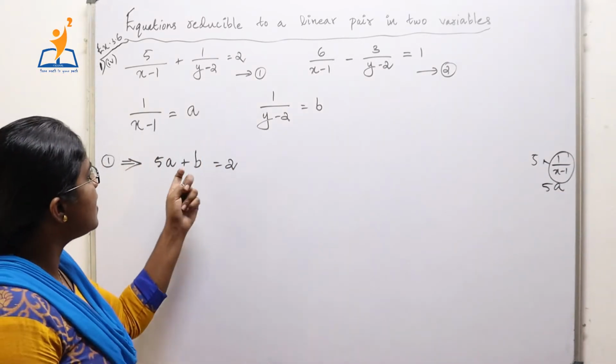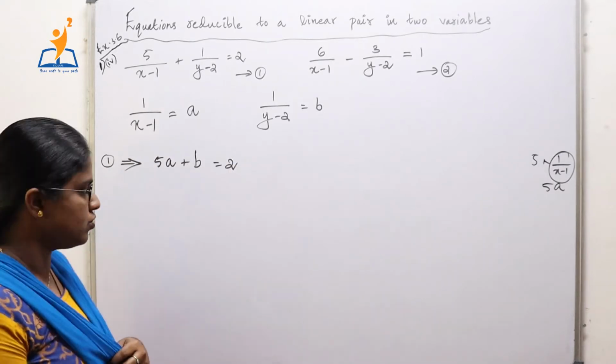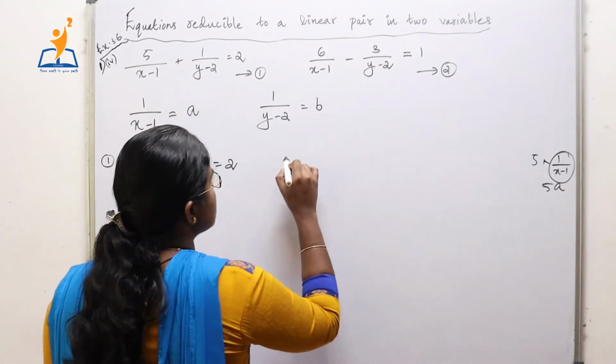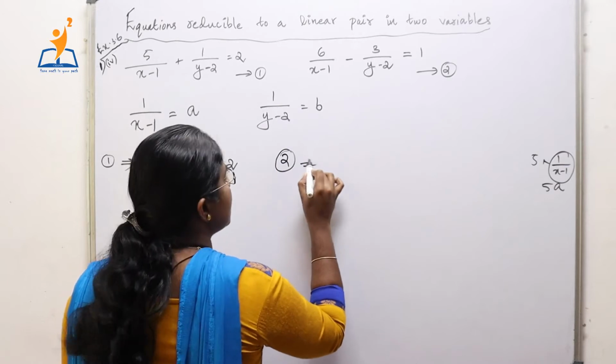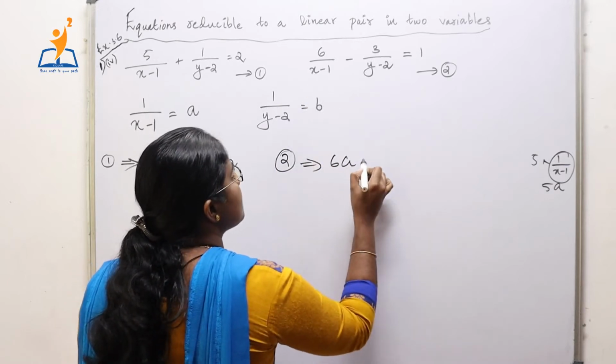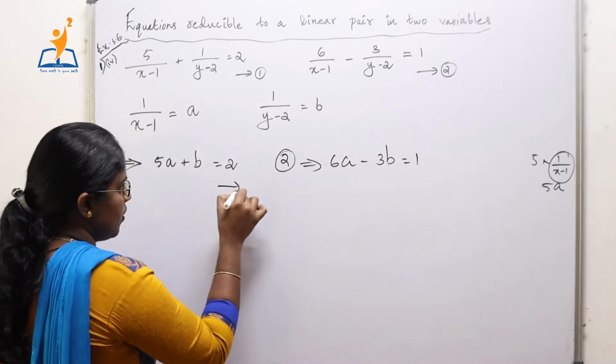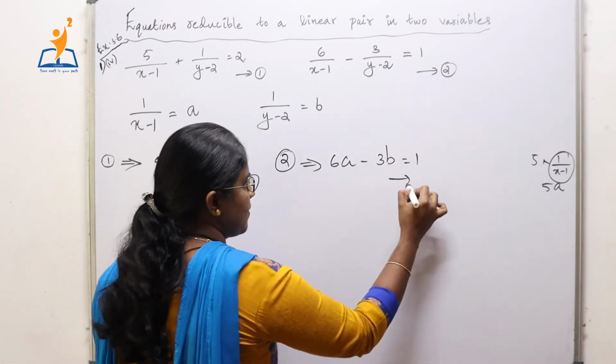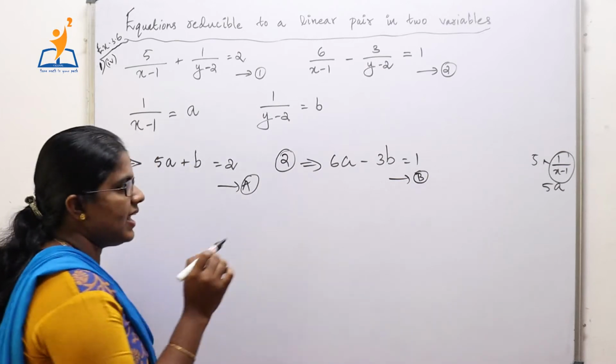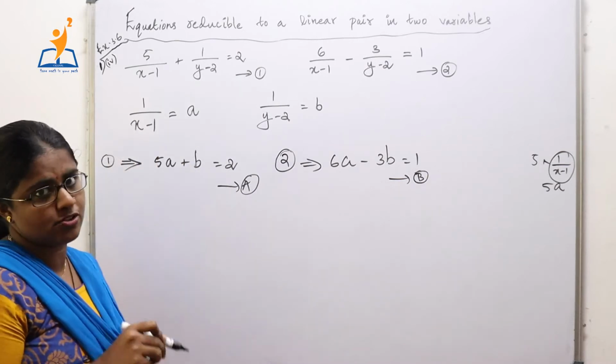So similarly, plus b is equal to 2. Now equation number 2 will become 6a minus 3b equals 1. So we got equation number a and equation number b, a linear pair of equations in two variables.